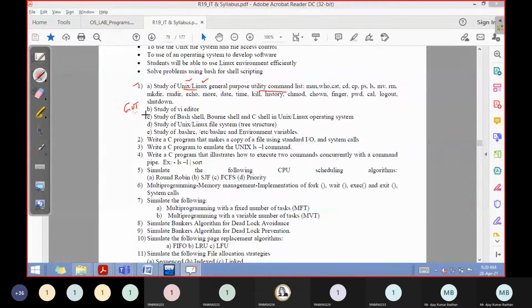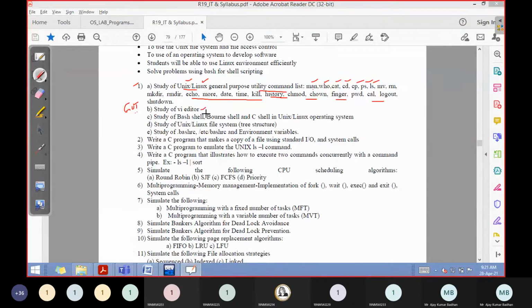We used to have only commands, and using those commands only, you can get the entire information. In the same way, in Unix we have commands such as man, who, cat, cd, cp, ps, ls. All these commands we have to execute in our operating system, that is Linux. I'll explain them. These are very easy commands and you can perform them very easily. I'll explain them when we are discussing it.